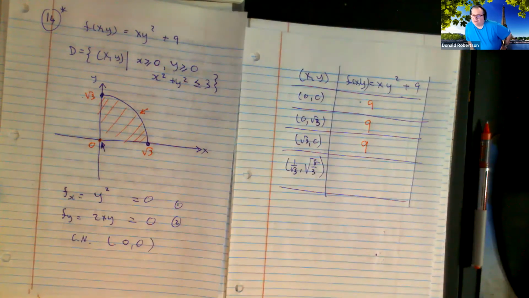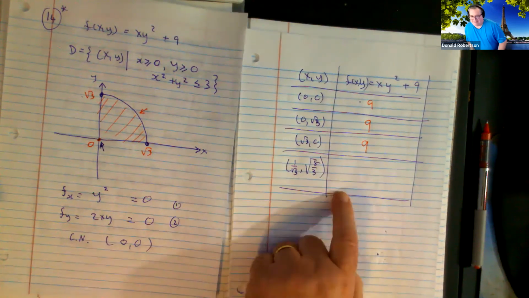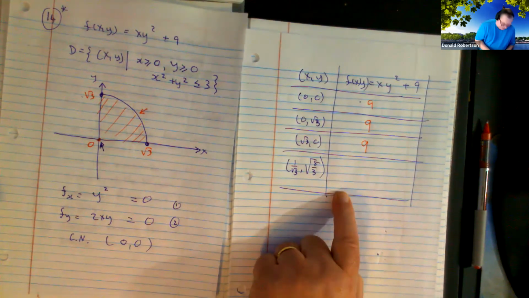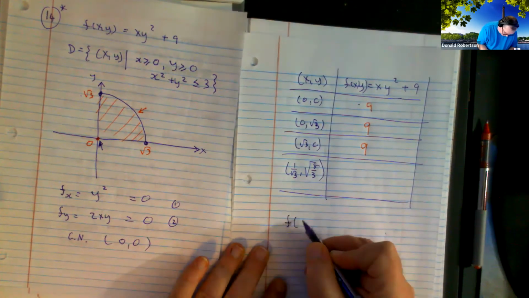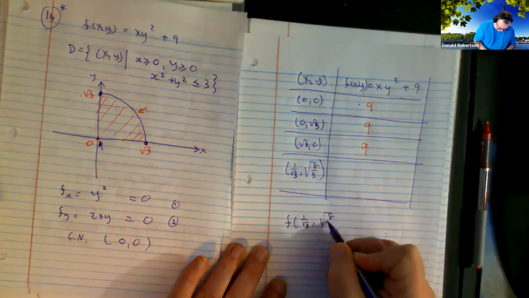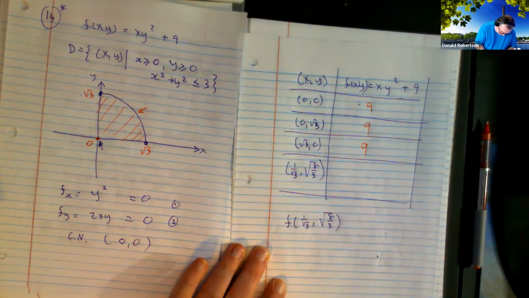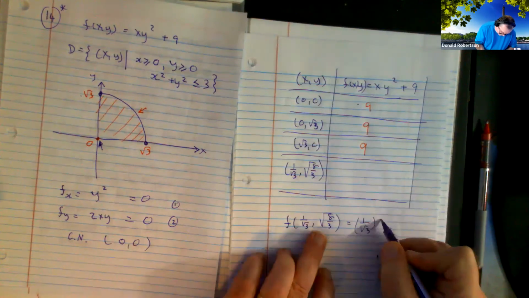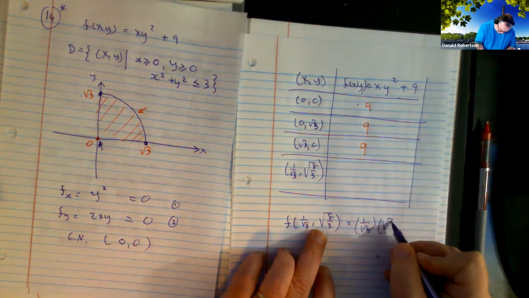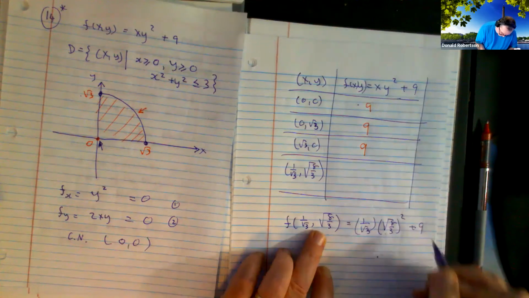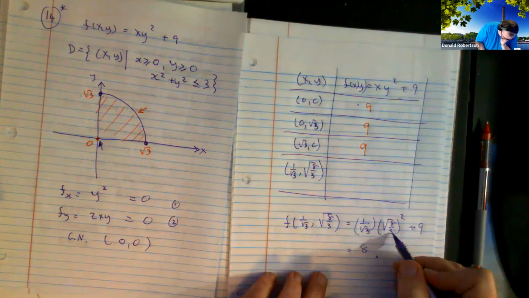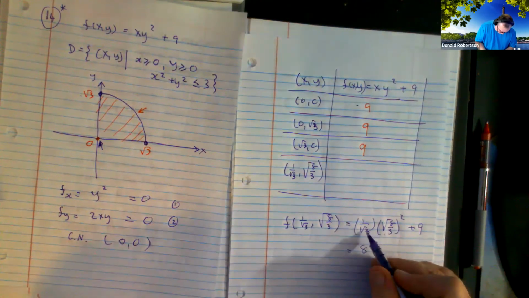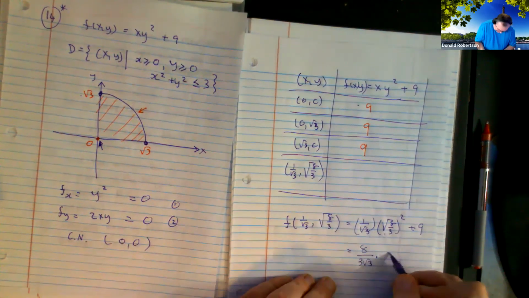Not an awful lot of variation here, right? So that one better be something that's not 9, because that would really worry me. So I'm going to find the value of the function at 1 over root 3, that point. And so it's going to be x times, this is going to come out a little bit nicer, squared plus 9. That's 1 times 8 is 8. That's really the square root of 3 times 3, so I guess it's 3 root 3, add 9.